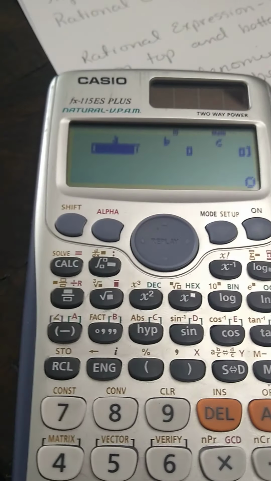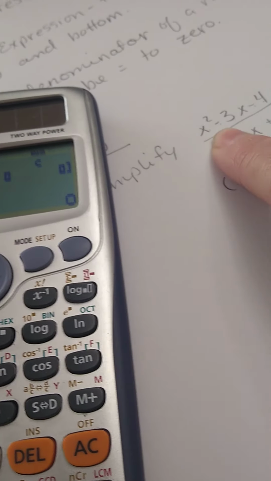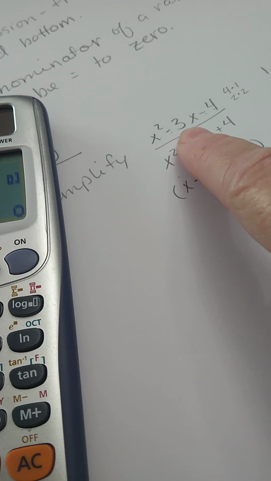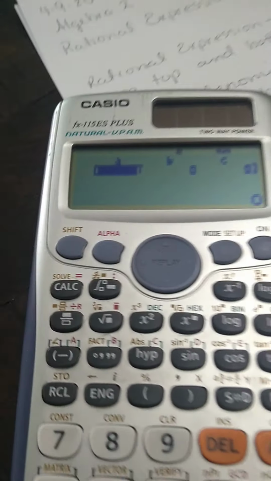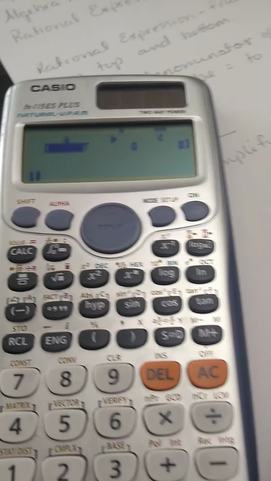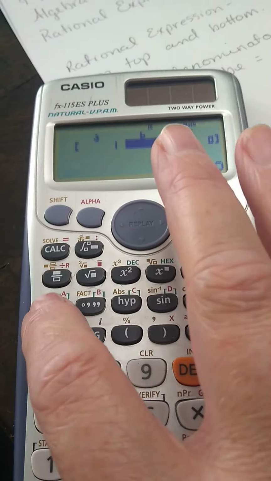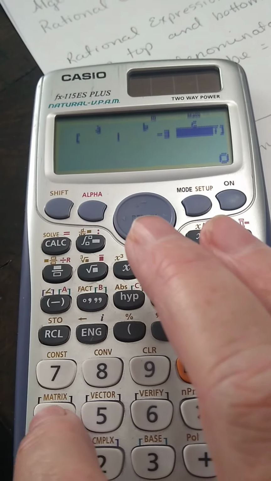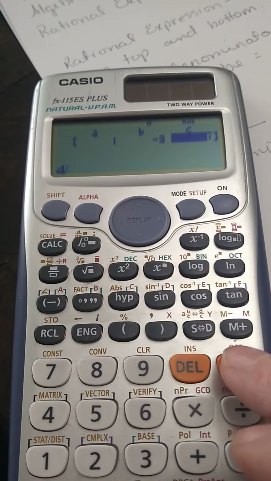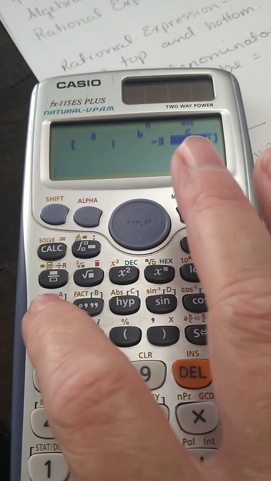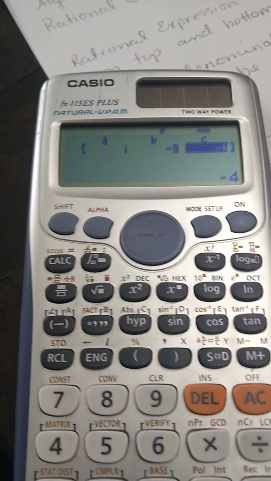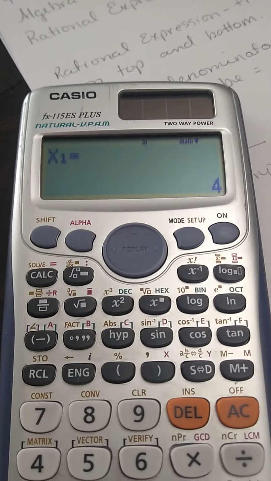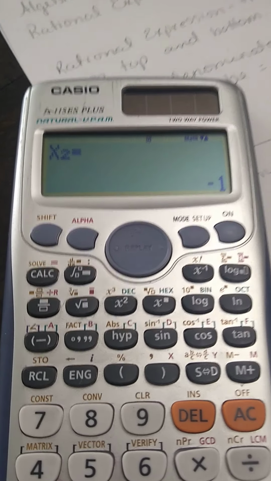We're going to put in our original 1, negative 3, and negative 4. So 1, enter, negative 3, enter, and negative 4. And then equals. If you'll see, you get 4 and negative 1.